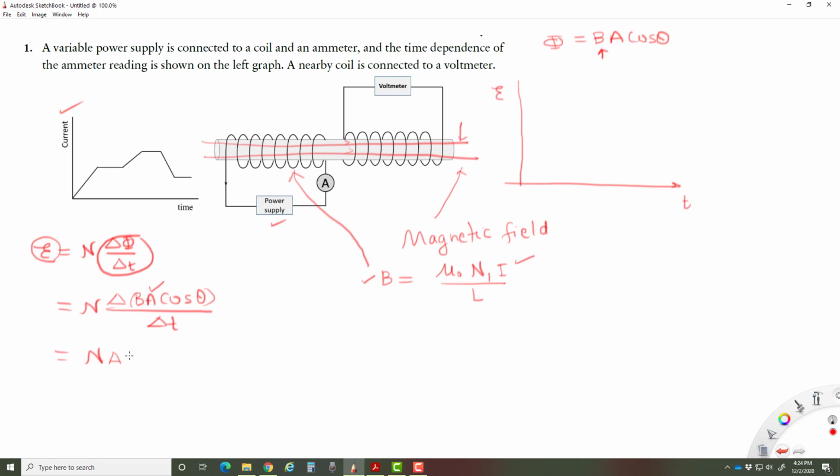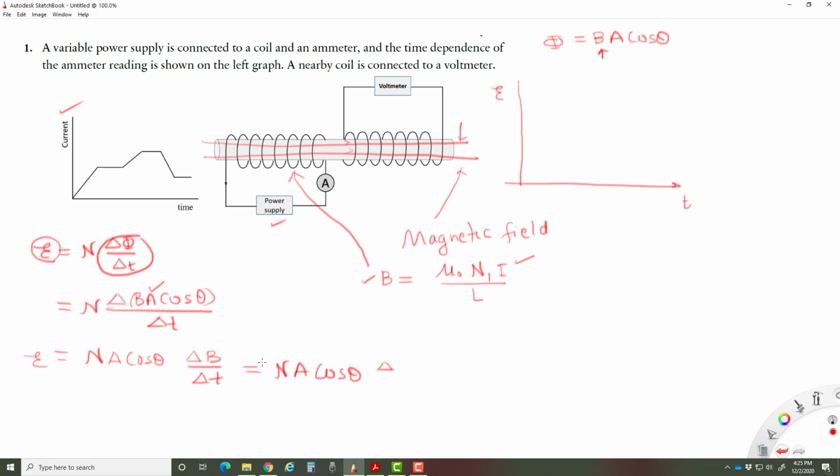That means cosine theta also is constant, we can pull it out. So that means we have delta B over delta T, that's E, and A cosine theta.